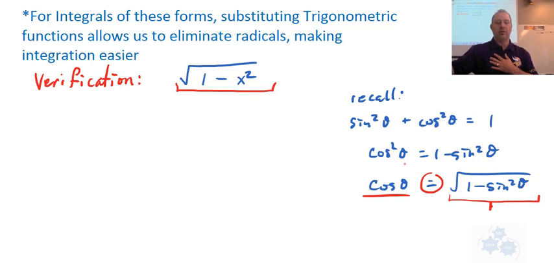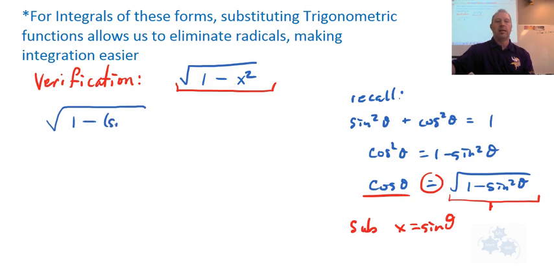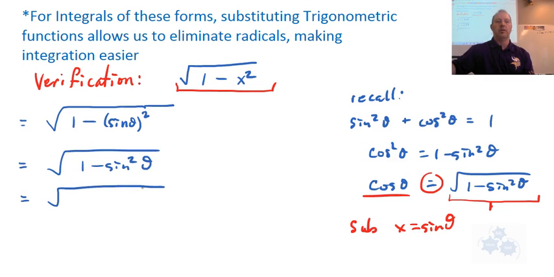If we substitute, let's say x equals sine theta, this is now the square root of 1 minus sine squared theta, which is equal to the root of cos squared theta, which is cos theta.